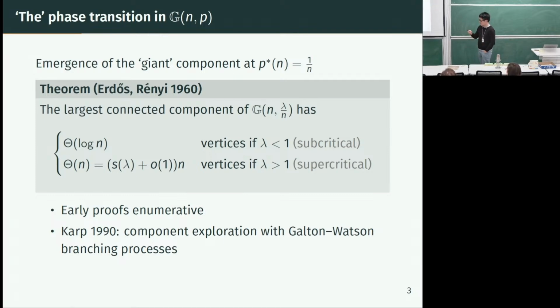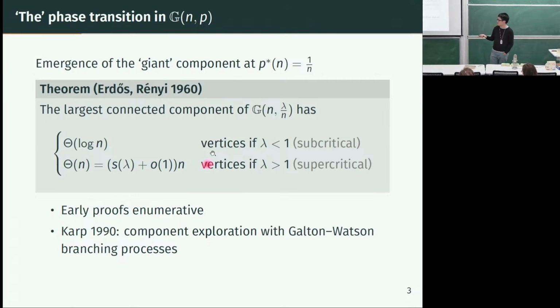But when Karp was investigating a different but highly related problem in 1990, he gave a different idea as to how one could approach such problems. In particular, he used the idea of exploring these components with an algorithm, and analyzing this exploration via random processes known as Galton-Watson branching processes.